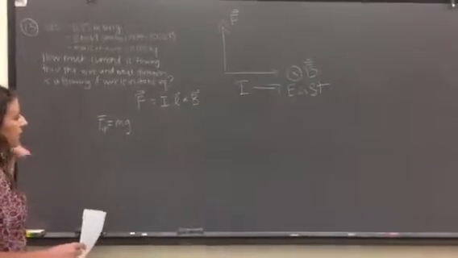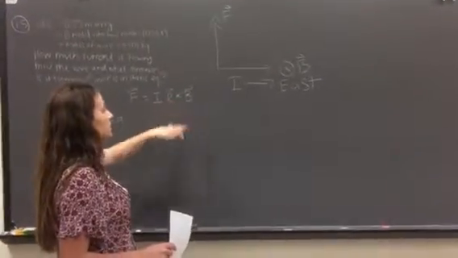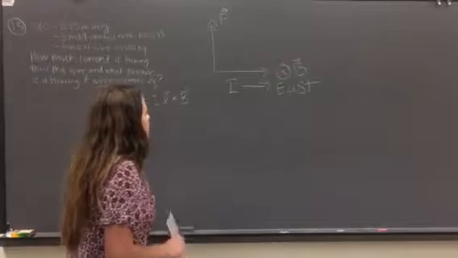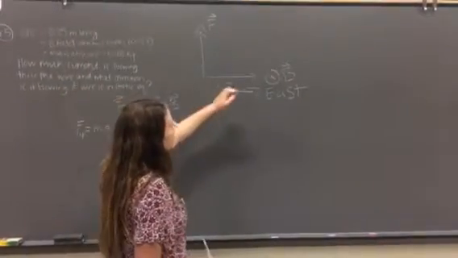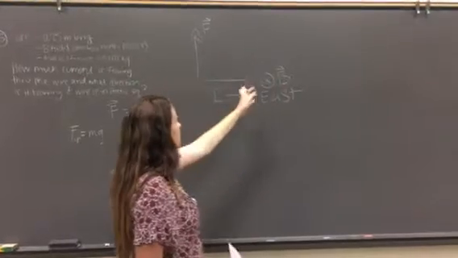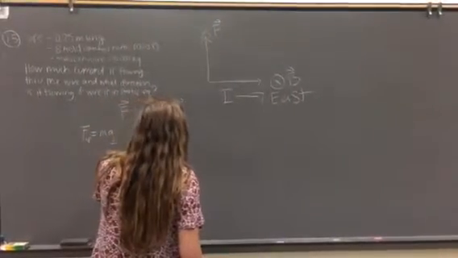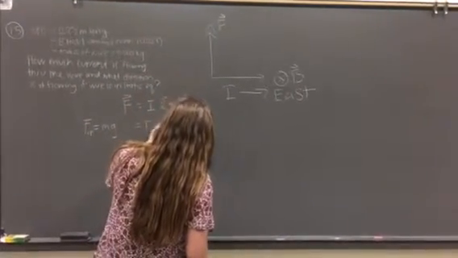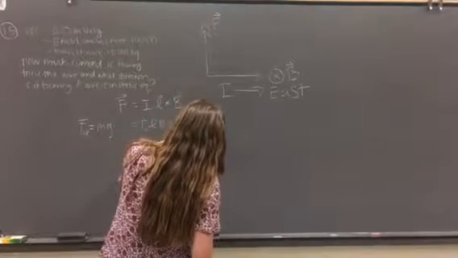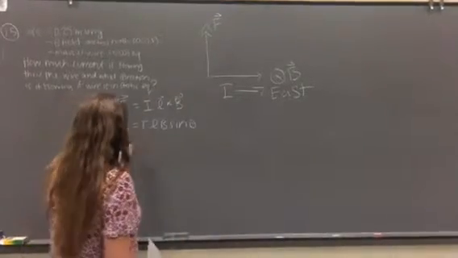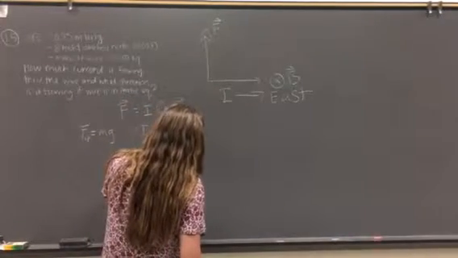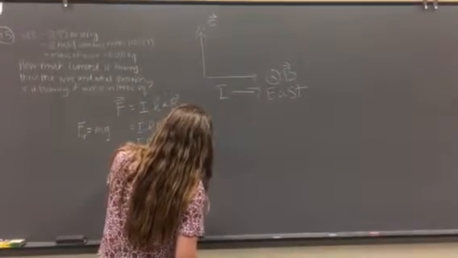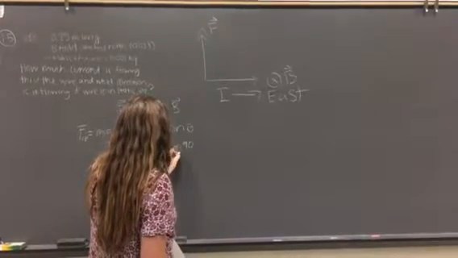And how we'll be able to turn this from a cross product into actually solving for I, since the angle between B and L is 90 degrees, so B is perpendicular to L, we would rewrite this as I L B sine of theta. Theta is going to be 90 degrees, so it would be I L B sine of 90, and sine of 90 just goes to 1.